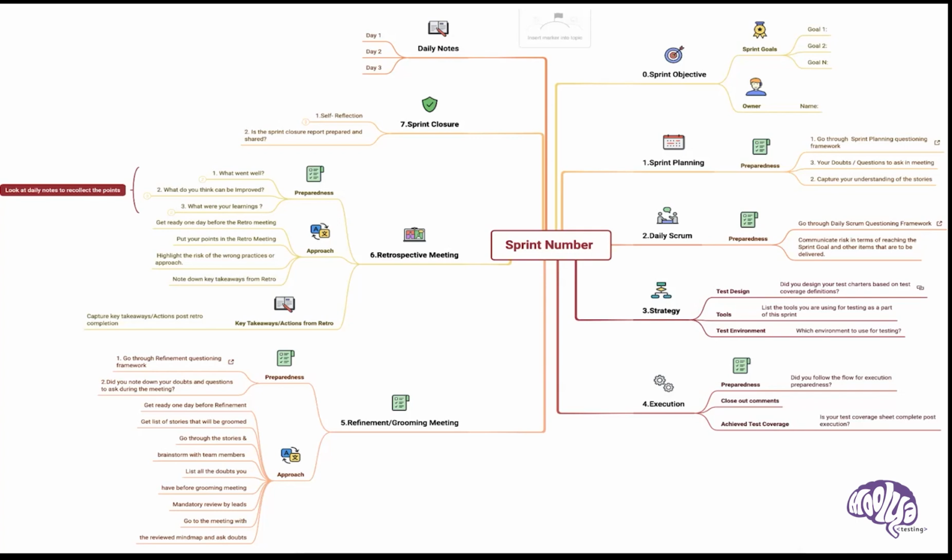To avoid such a situation, what we did is we tried to answer the questions like what we did yesterday, what we did today, and every day we would create daily notes, and we would make sure that we are ready before the daily scrum.